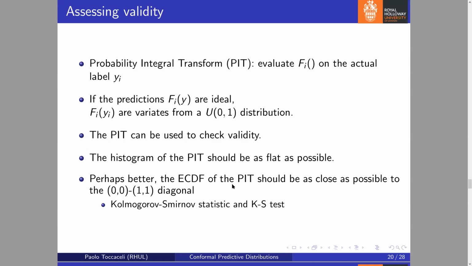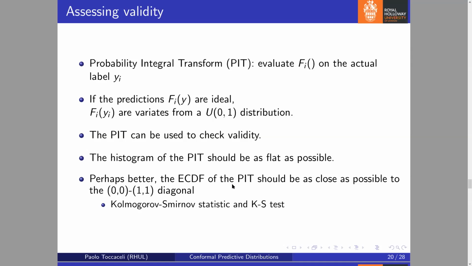So the first metric that I'm going to talk about is for the purpose of assessing validity. And this is called PIT, or probability integral transform, and has to do with the property that I mentioned before. We take the predictions, which in our case are step functions, which should have the properties of cumulative distribution functions. And we evaluate them on the actual label that came up when nature disclosed the label.